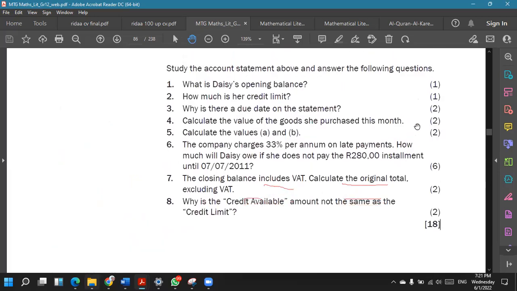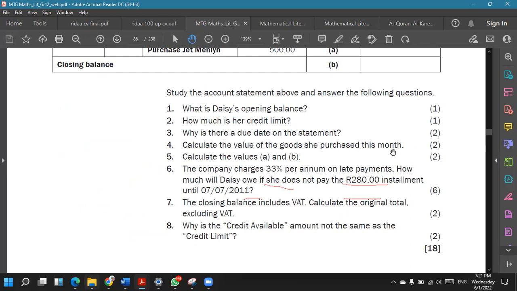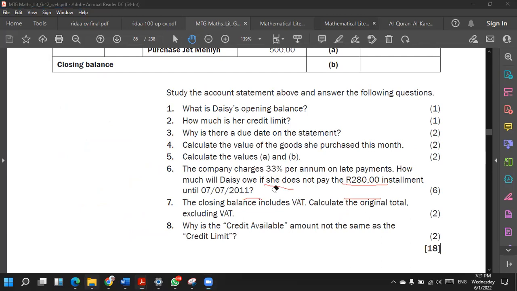So we have to times the... So basically, here they're saying the company charges 33% on late payments.